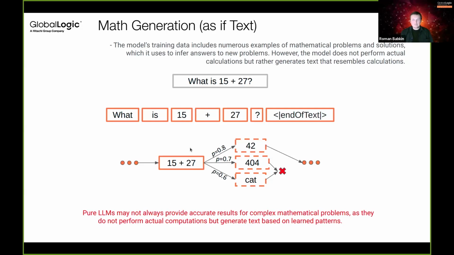And basically, this result is based on all the knowledge that the LLM has. If I ask to multiply a very long float by a very long float, and it never heard about those floats, it will give you a wrong answer because it has never seen it before. So pure large language models may not provide accurate results for complex mathematical problems, because they do not perform computations.